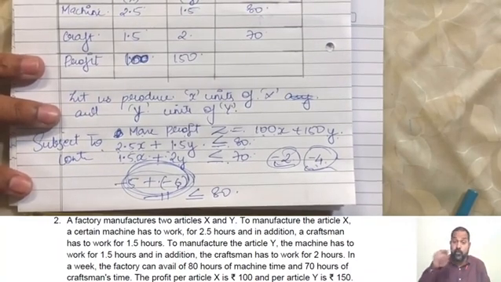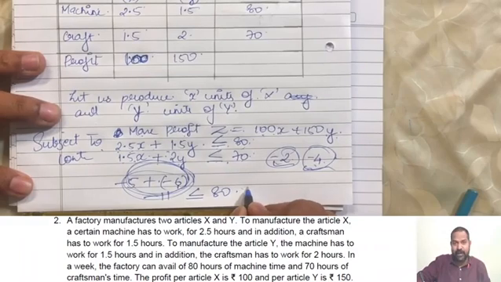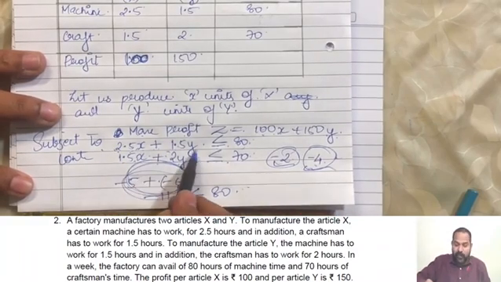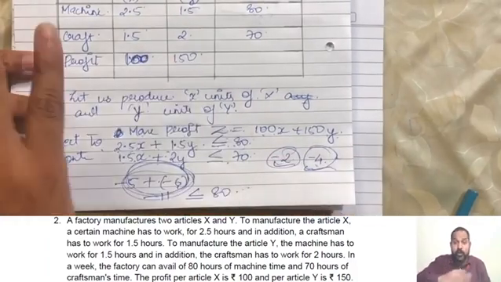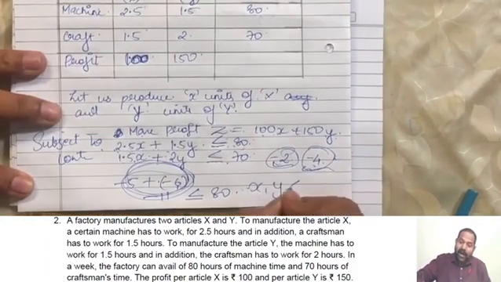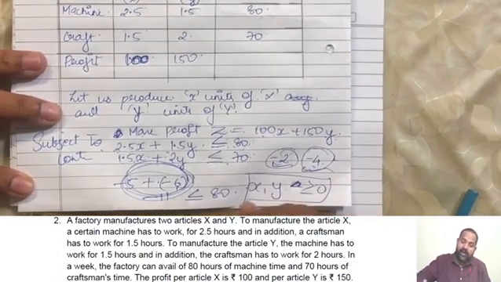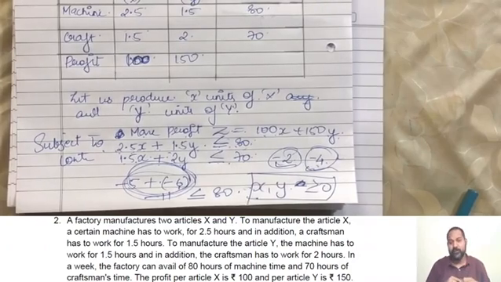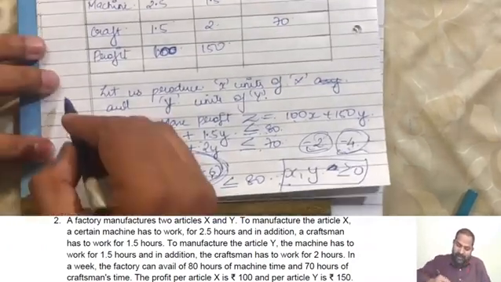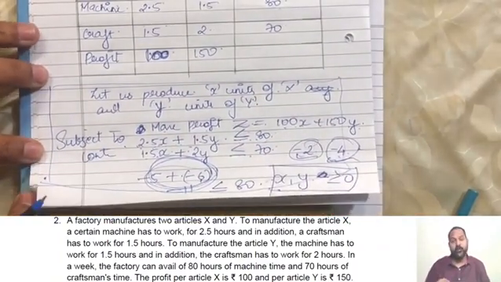No. Then you have to add a non-negativity constraint telling them that 2.5x plus 1.5y should be less than or equal to 80, but make sure that x and y are never going to be negative, or x and y are always going to be greater than or equal to 0. And this right here is what they expect from you when they ask you to formulate.